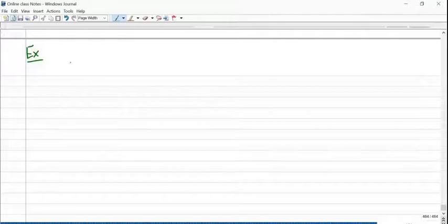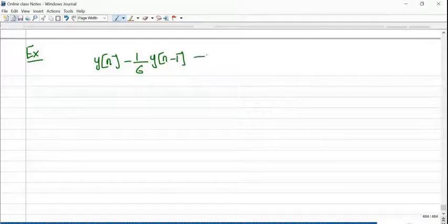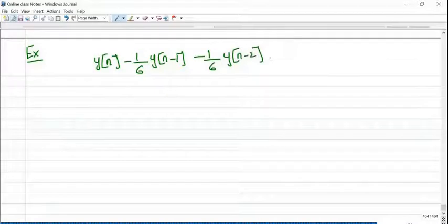Consider a causal and stable LTI system whose input x of n and output y of n are related through the difference equation y of n minus 1 by 6 y of n minus 1 minus 1 by 6 y of n minus 2 equal to x of n.